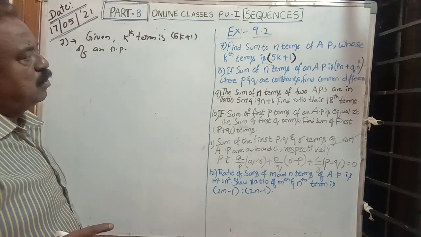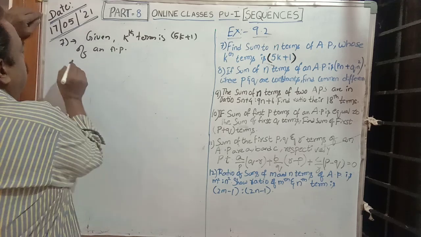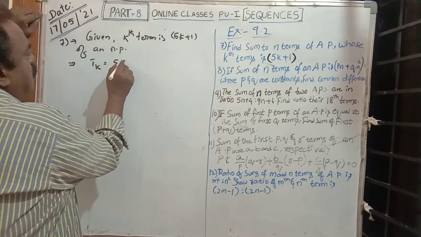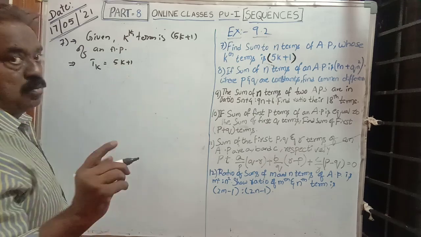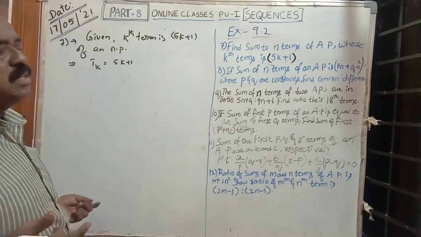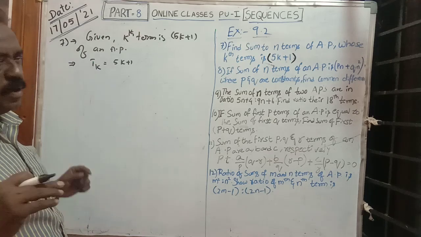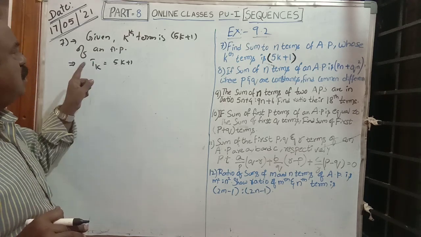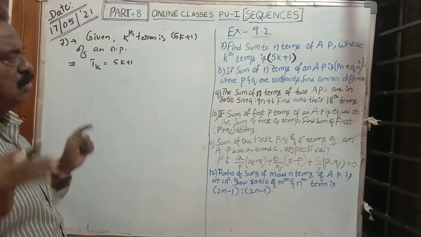In the arithmetic progression, the kth term, that implies tk is equal to 5k plus 1. Okay, now? We are not given the series, we are not given the first value, we are not given the common difference, but only the kth term is given. We have to find that.